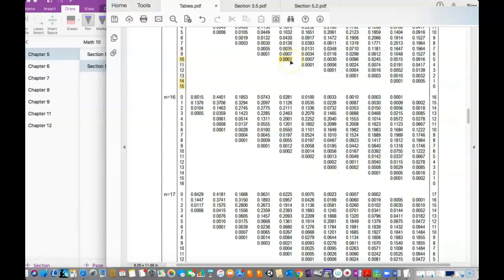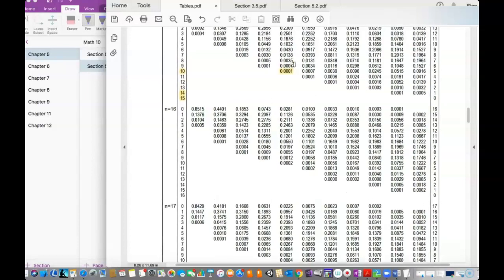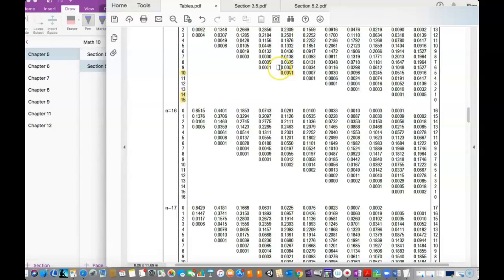That is equal to 0.0001. The probability is that number. Then after that, 5, 6, 7, 8, 9. So we need these numbers. Adding all these is the answer.